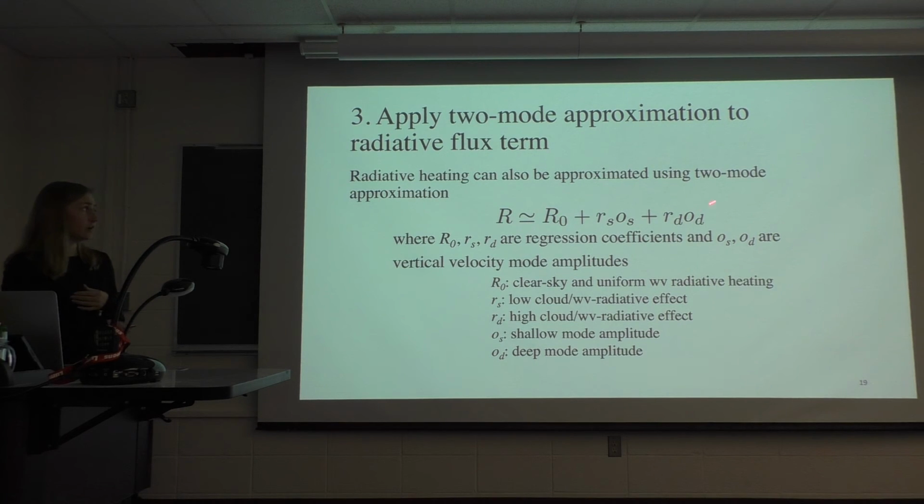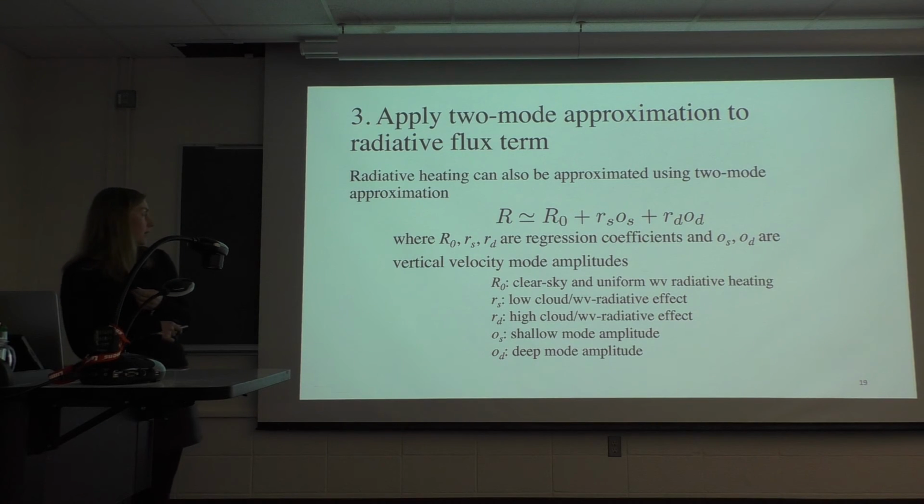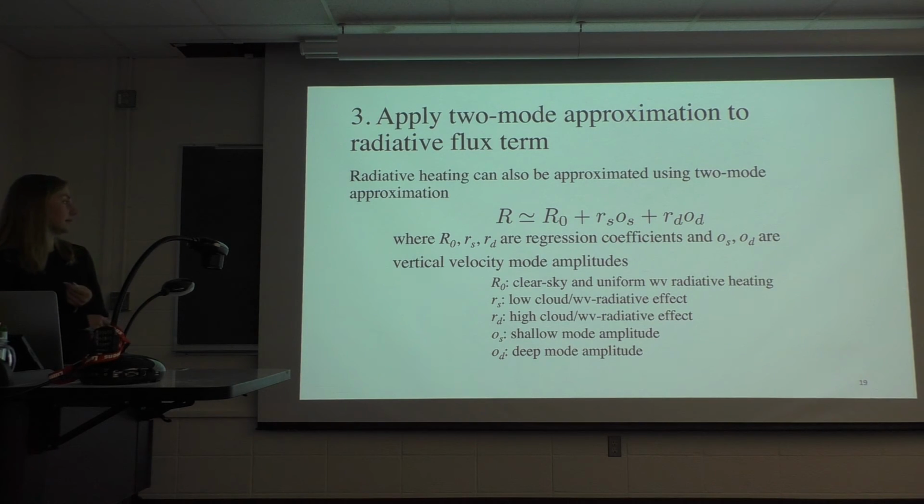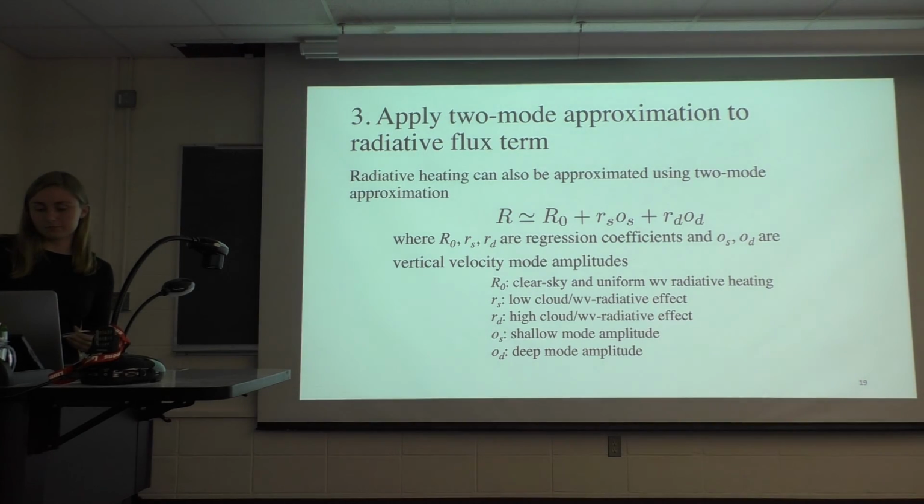So we just use multiple linear regression to approximate our radiation term using the shallow mode amplitude and the deep mode amplitude. And the R's are just regression coefficients, they're just constants. The reason this makes sense is that we now have a clear sky, uniform water vapor portion here, then this portion has to do with low cloud and water vapor radiative effects, and this portion here has to do with high cloud and water vapor radiative effects.